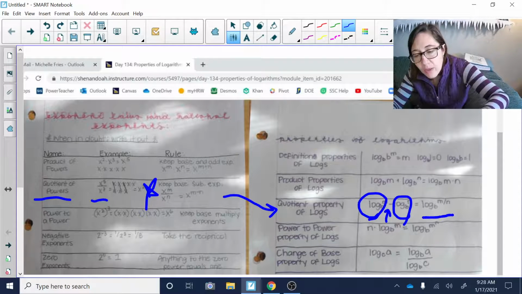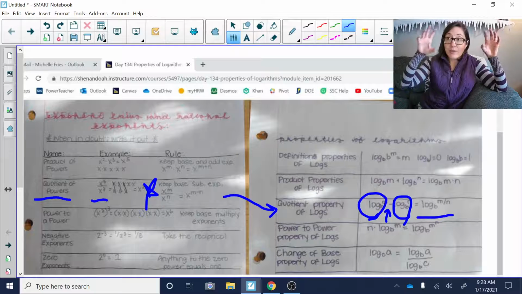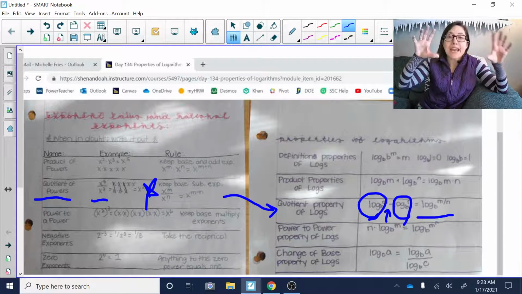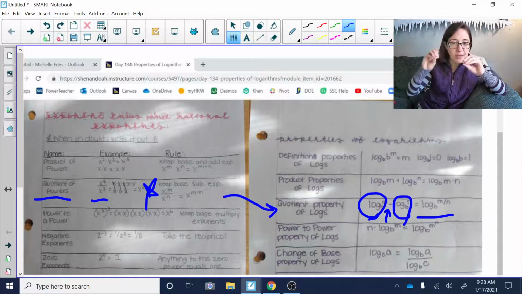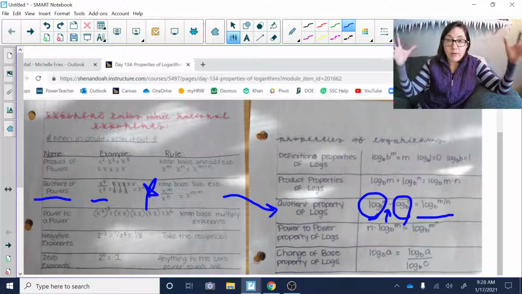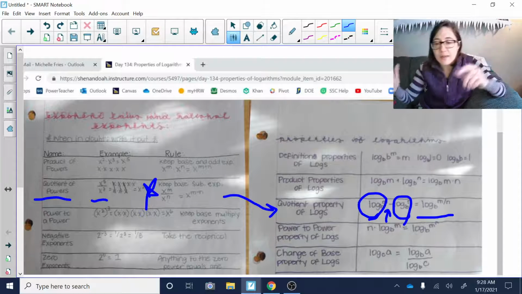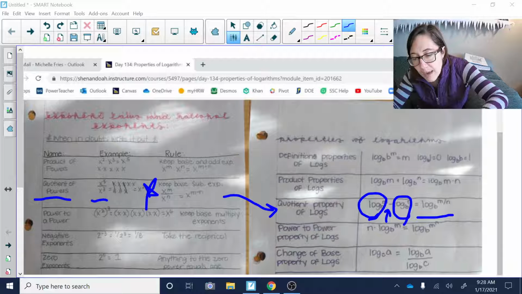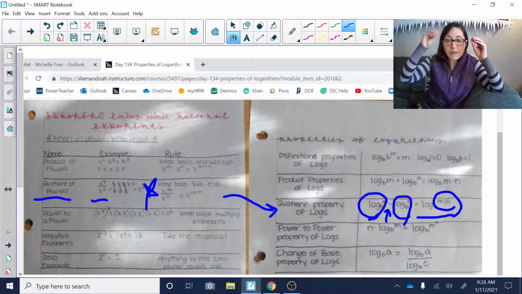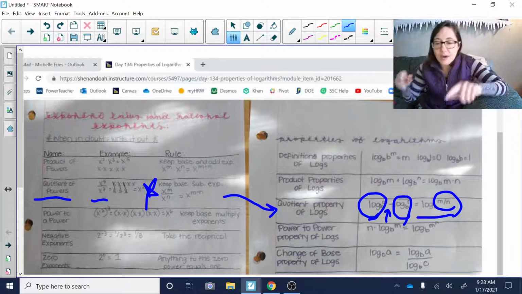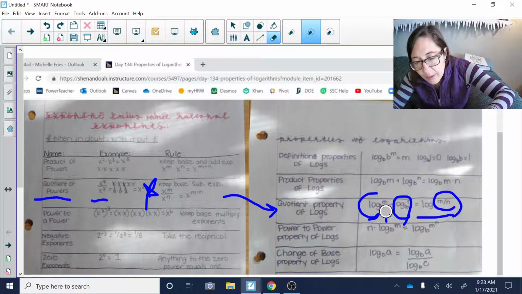So if you look here on the far right, we've taken those two logarithms. They both have the same base, b, that's the little subscript number, and we've written them as one. And since we must be dividing, if we're subtracting the exponents, the m divided by n is there because we're taking our two arguments, which I kind of wrote over here.